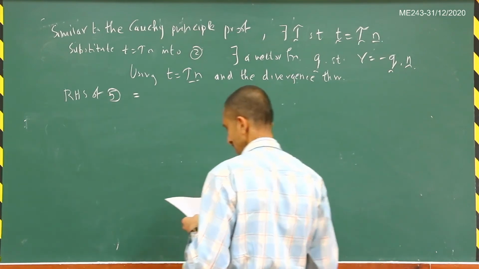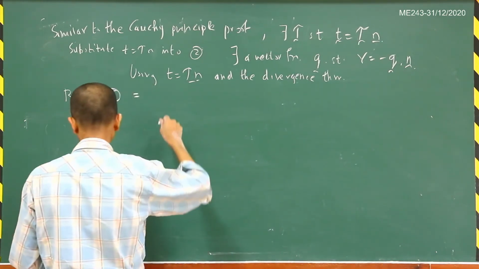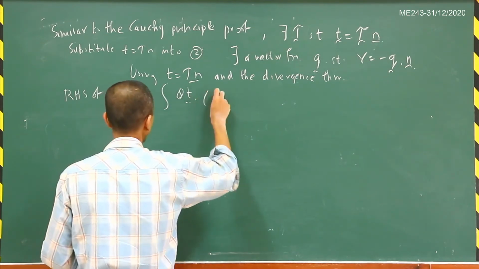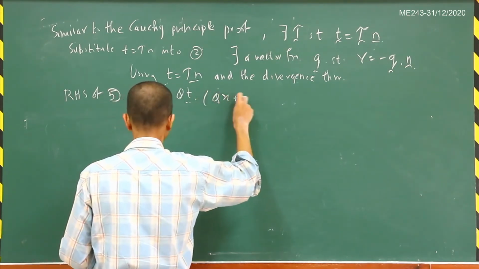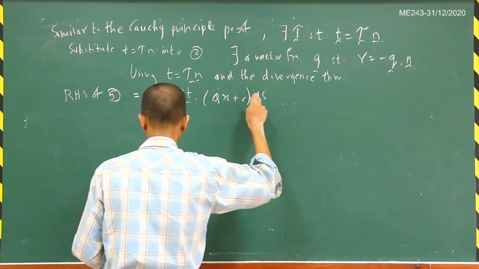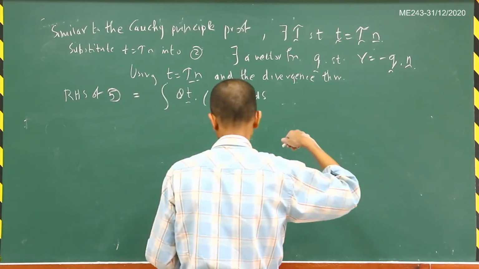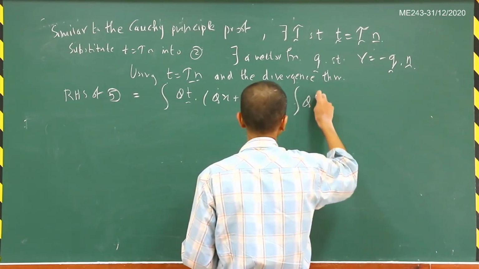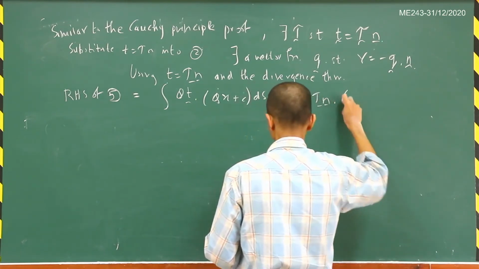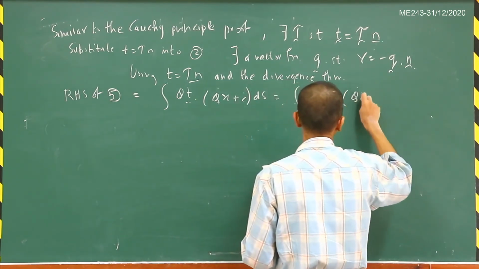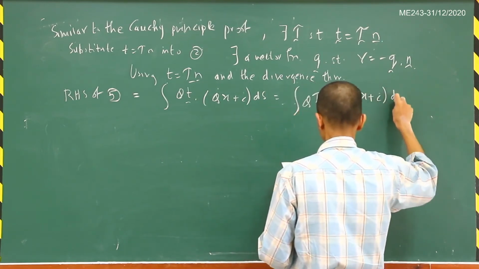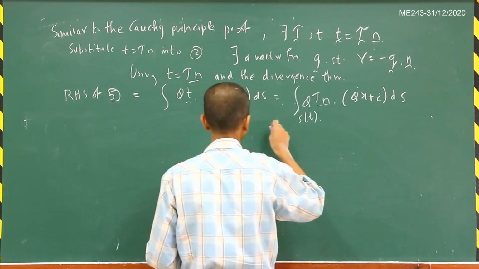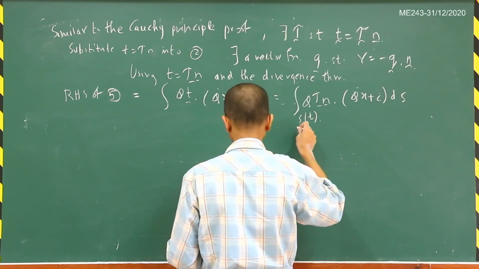So that is equal to integral of q times t dot q dot x plus c dot times ds, right? So this is the right hand side, and that is equal to, now put t equal to tau n, so that is q times tau times n dot q dot of x plus c dot times ds over s of t. This is equal to, use the definition of the transpose here.